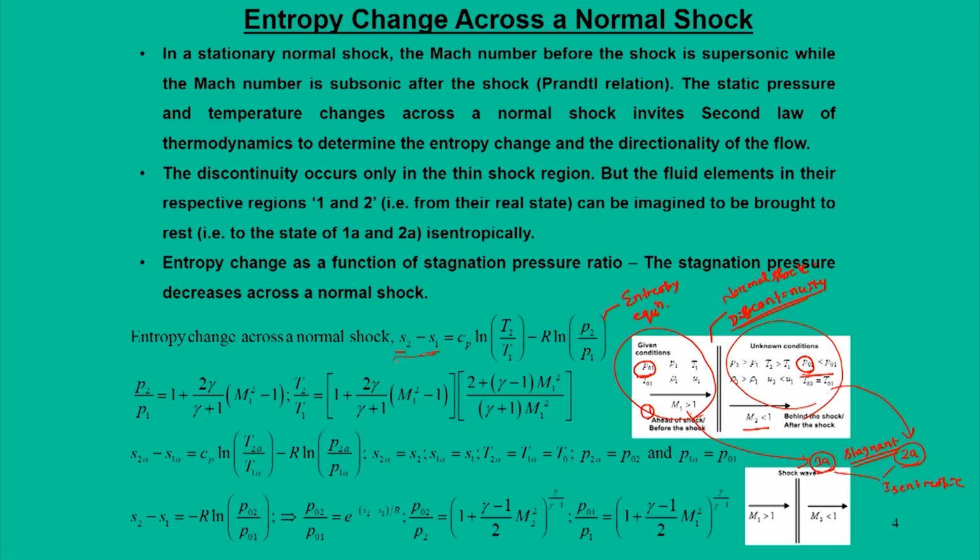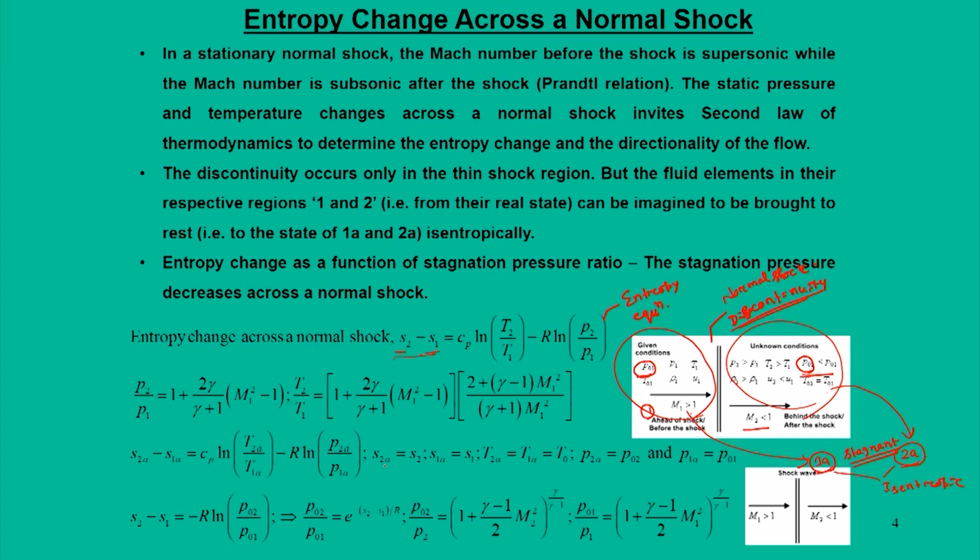That means you can write S2 as S2A and S1 as S1A, and take the difference. When taking this entropy difference, we replace it with the corresponding temperature and pressure: T2A and T1A, and here P2A by P1A.